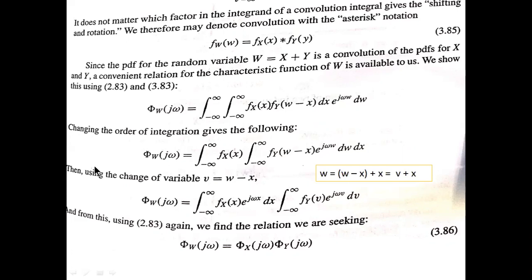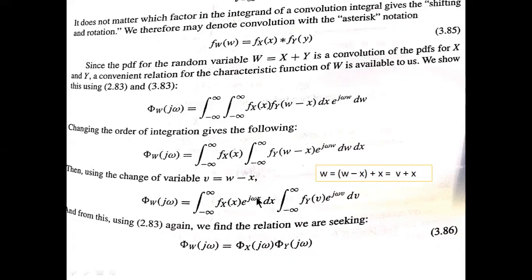Now we can write the change of variables with v equal to w minus x, which just means that we can substitute for this w, w minus x plus x. The x cancels, and w minus x will be substituted by the value of v, so it will become v plus x, so that means w is replaced by v plus x.